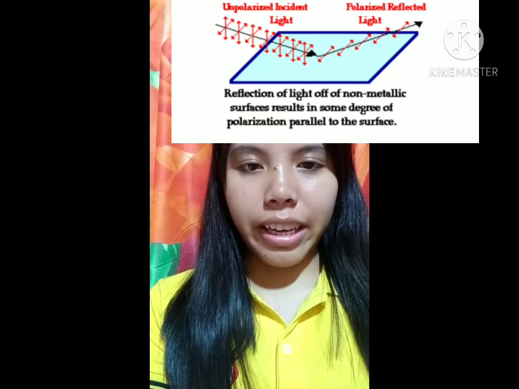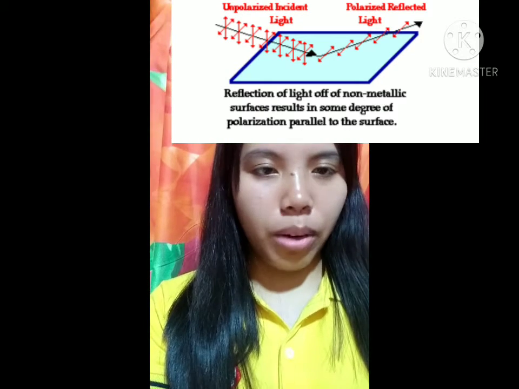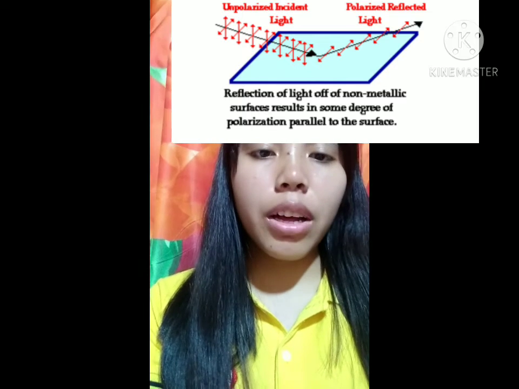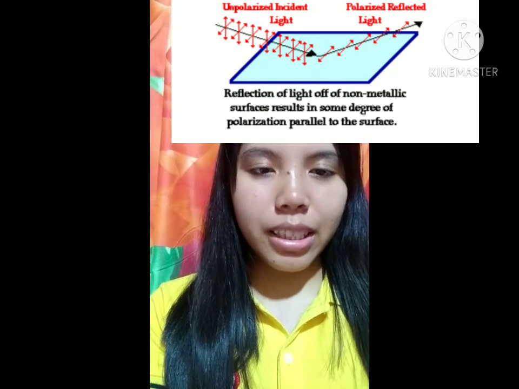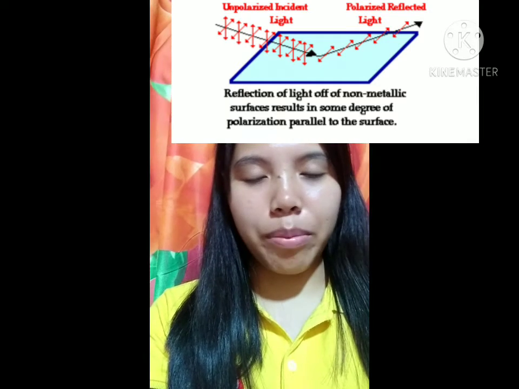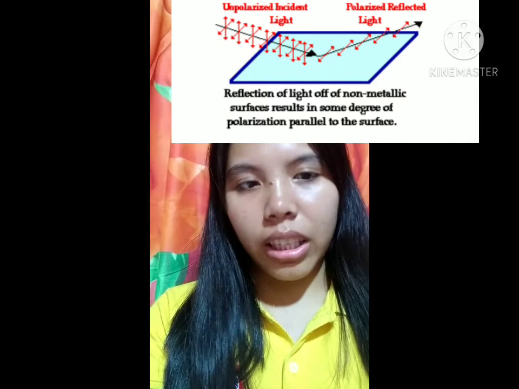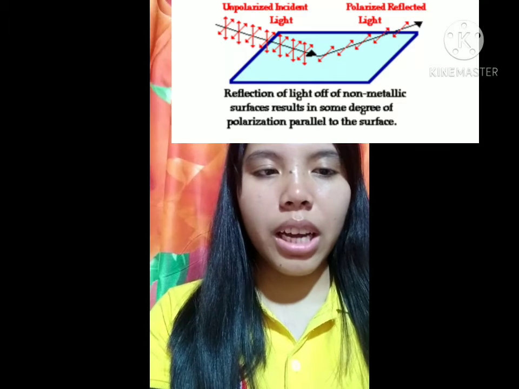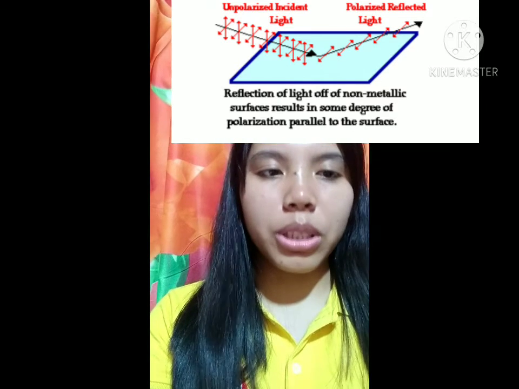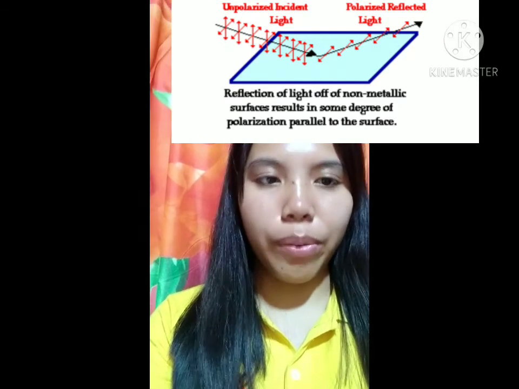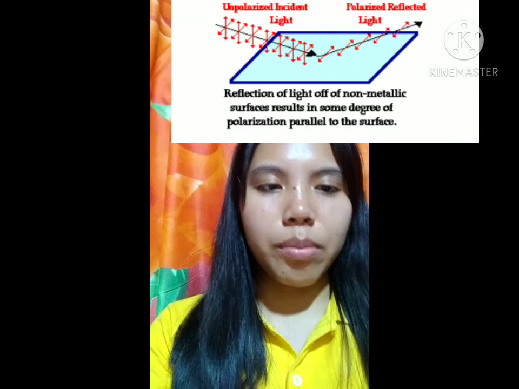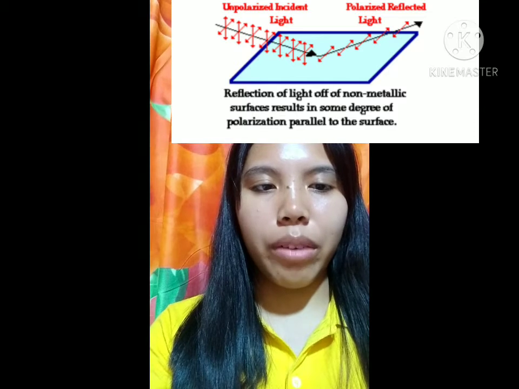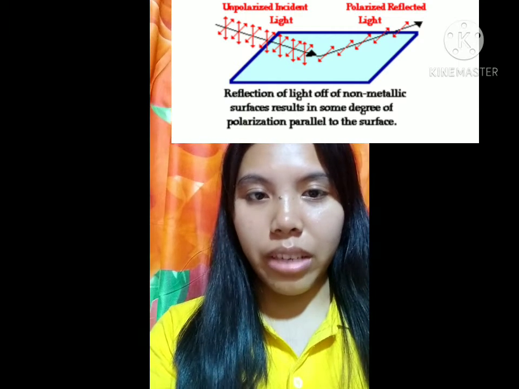Light can also undergo polarization by reflection off non-metallic surfaces. The extent to which polarization occurs is dependent upon the angle at which the light approaches the surface and upon the material that the surface is made of. When the surface is metallic, it reflects light with a variety of vibrational directions.